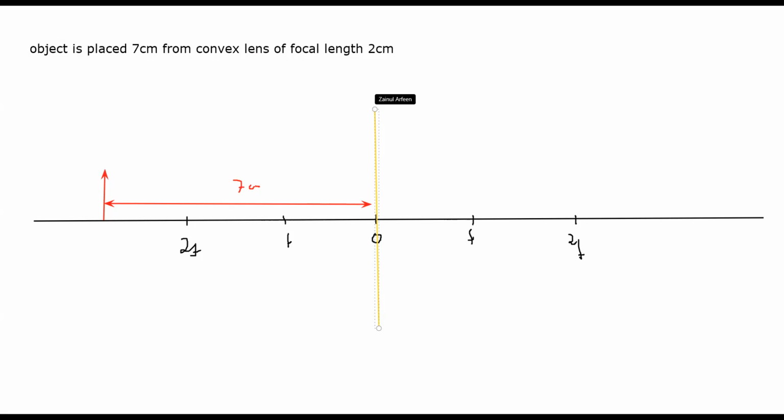So between O and F, it's 2 centimeter, and between O and 2F, it's 4 centimeter. This is 2 centimeter and the object is 7 centimeter. Finish till this point.